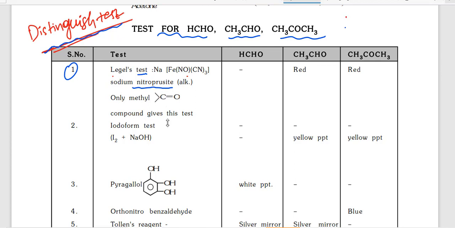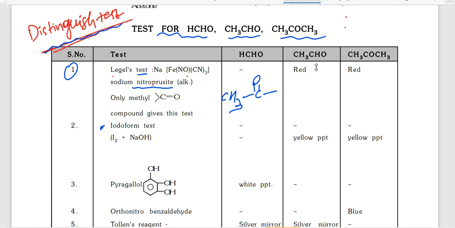It is similar to the iodoform test, which we can discuss next. It is given by methyl ketones, where the CH3 C double bond O group is there. Then those will give the test.